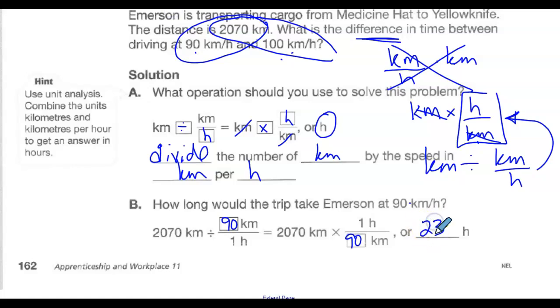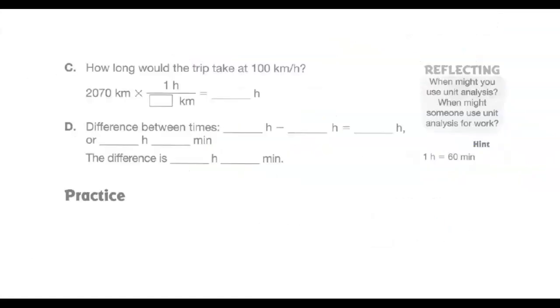So 23 hours. Obviously, if we go 100, it's going to be less than 23 hours because we're going faster. So now this is going to be multiplied by 1 over 100. And so this one is the same as dividing by 100. So I can just do that in my head. That's 20.7 hours.